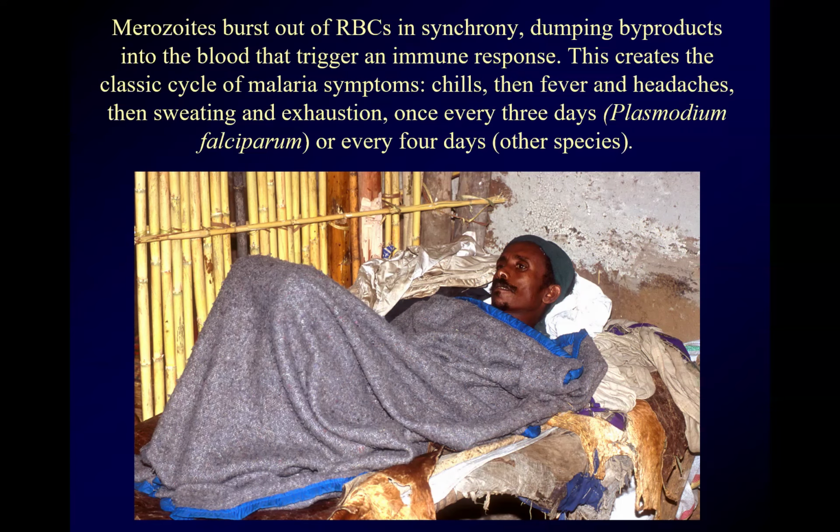Byproducts of the ruptured blood cells get dumped into the bloodstream, and that triggers an immune response. So you get hit with chills. This gentleman, wrapped up in a blanket, is feeling terrible chills, even though he's in a tropical country. The chills get replaced by fever and splitting headaches. And then you get a period of sweating and exhaustion, and the whole thing repeats either once every 3 days or once every 4 days.